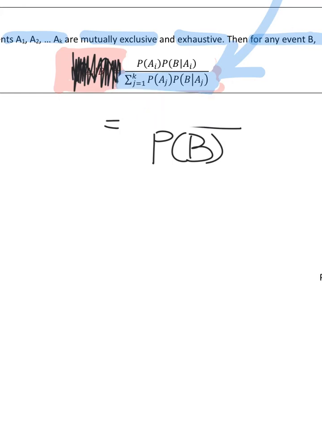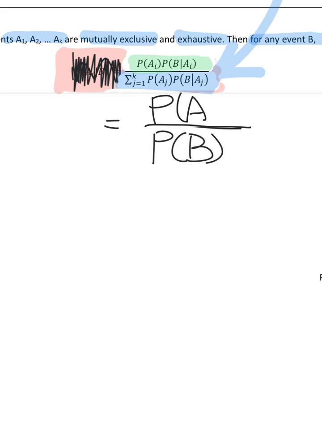Please look at this one. Just before, when we discussed the rule of the total probability, this multiplication was the probability of A and B, by the general multiplication rule. So I can rewrite it as the probability of A. Now it has A_i.